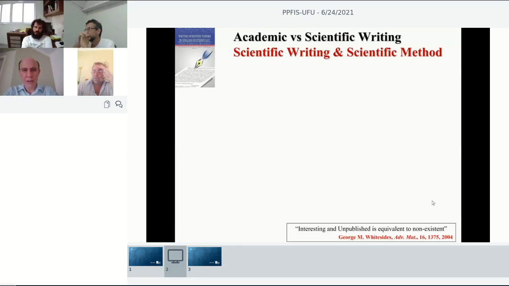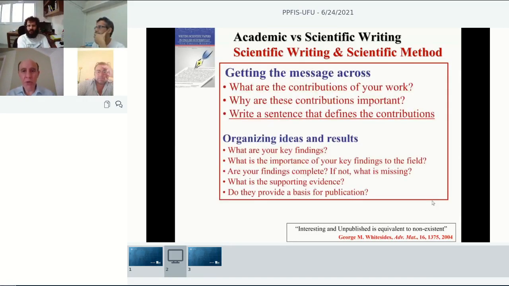Writing a paper means that you want to convey a message, and the message is the contributions of our work and why these contributions are important. One good way of starting writing a paper, or even a project, is to write in a single sentence what your contributions are all about.